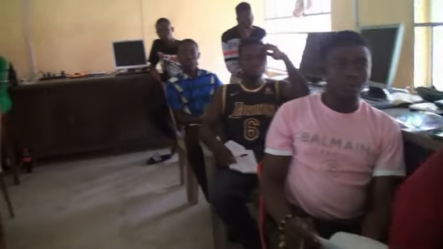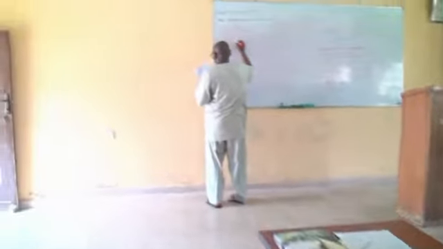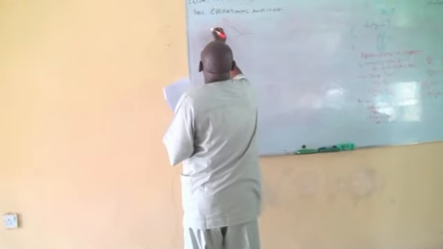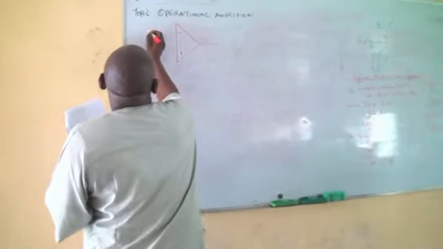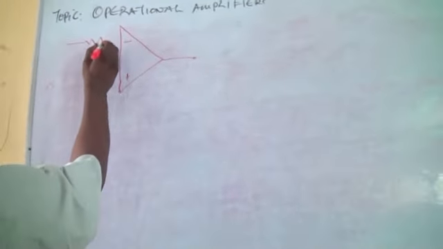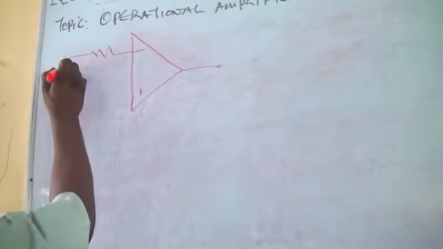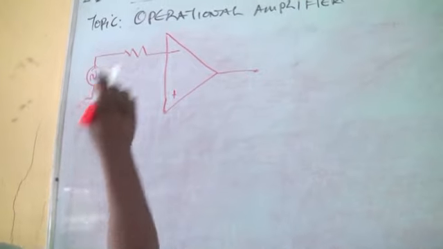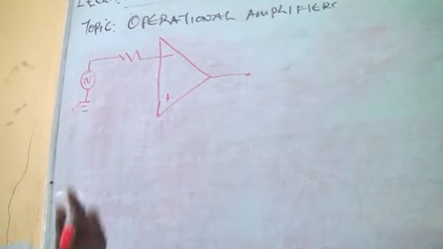Below shows the circuit diagram of a non-inverting amplifier. So for a non-inverting, you are going to have something like this. This is negative, positive, 0. Some of you will be asking, but you are still connecting on the negative. Yes, sir.